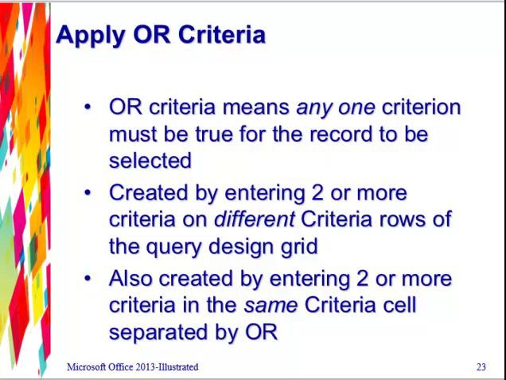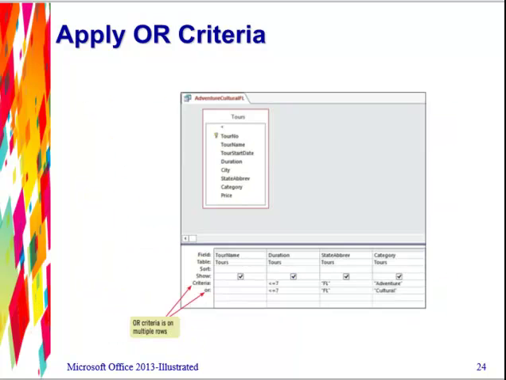So we could have gone with the two states we wanted to look at: equal to Colorado or Florida, and that would have been the two choices pulled from that Access database. This shows you how you can apply the OR criteria in the OR row. And an OR criteria has multiple rows if you wanted to add more to it.